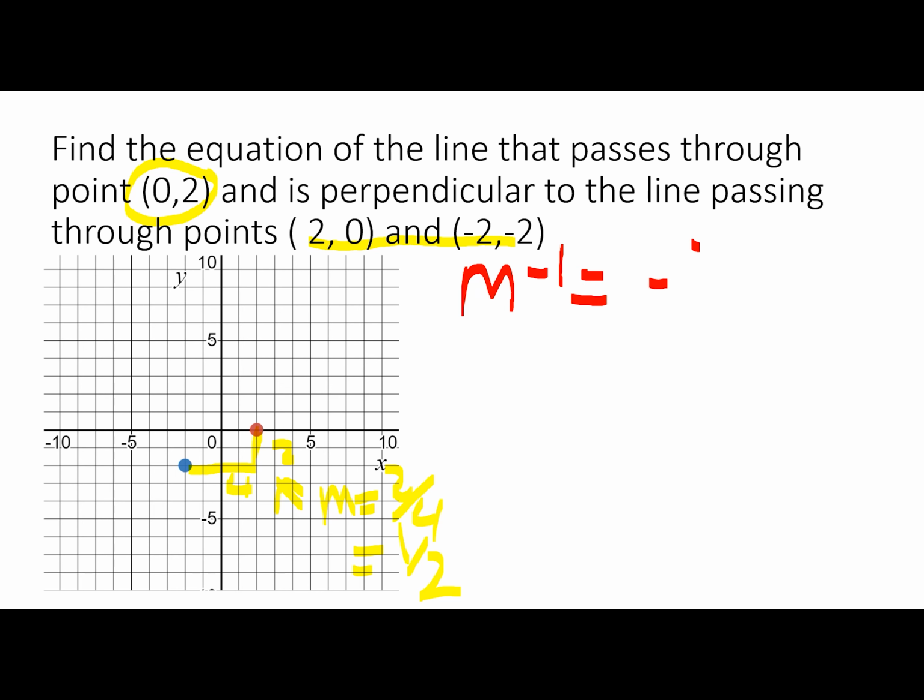So it's negative 2 over 1. So we start at 0, 2. 0, 2 is right here. That's our y-intercept. And we go down 2, right 1. So it will be crossing this line over here, forming a 90 degree angle.